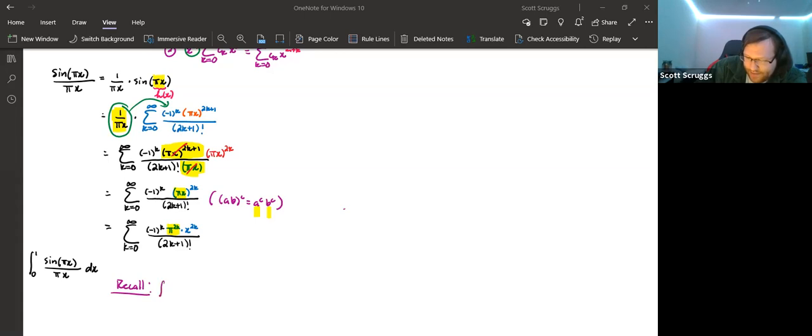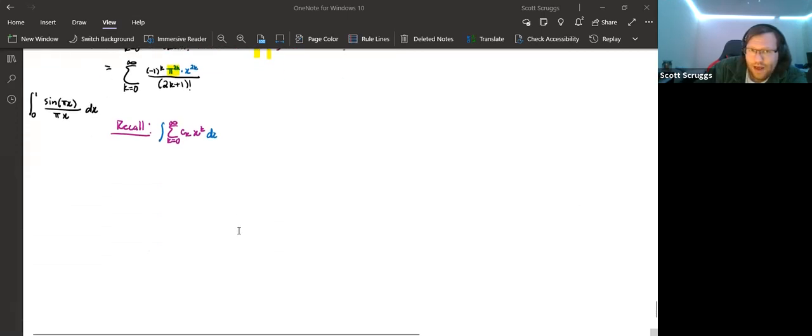And that is if I am integrating a power series, let's use colors to differentiate the two. If I'm integrating a power series, then what I can do is I can move the integral inside my power series.